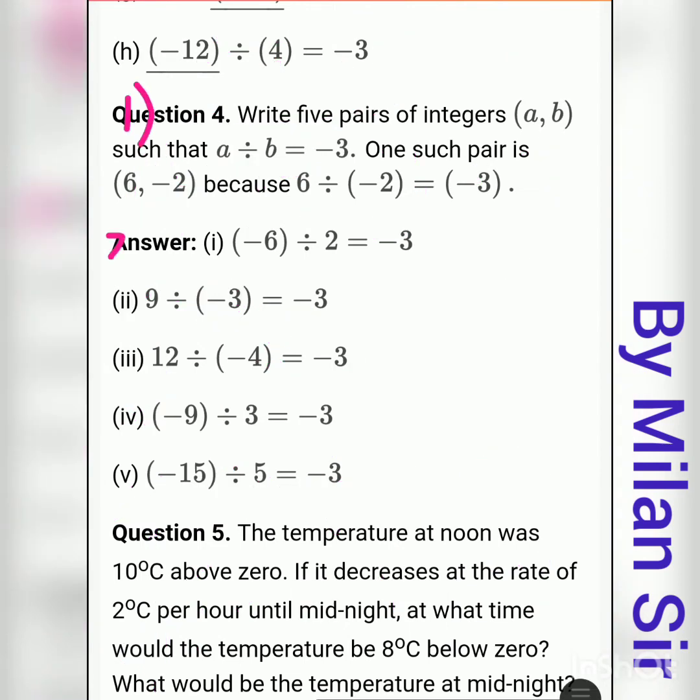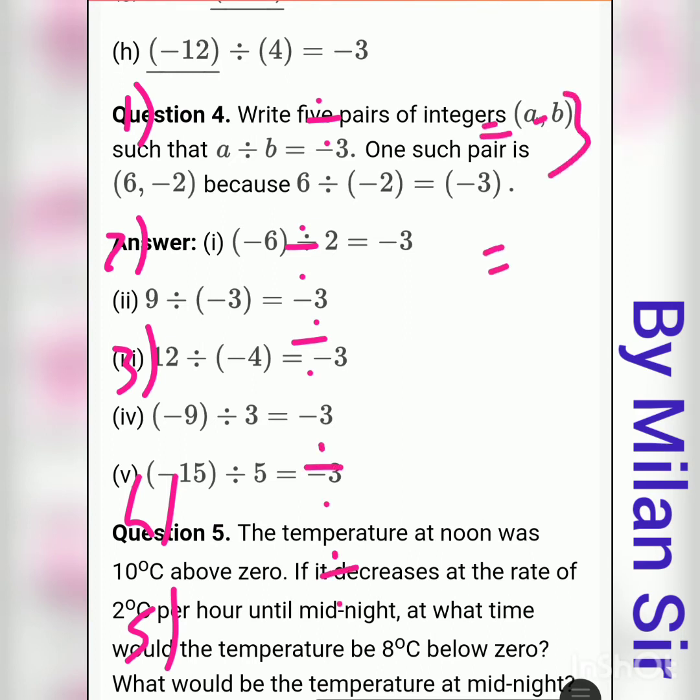Okay, again I repeat this question. Total 5 pairs we want: 1, 2, 3, 4 and 5. Here the division sign is there, and we want answer minus 3. 2 is already given in the question. Here first of all you can write any number, but just try to write a small number.